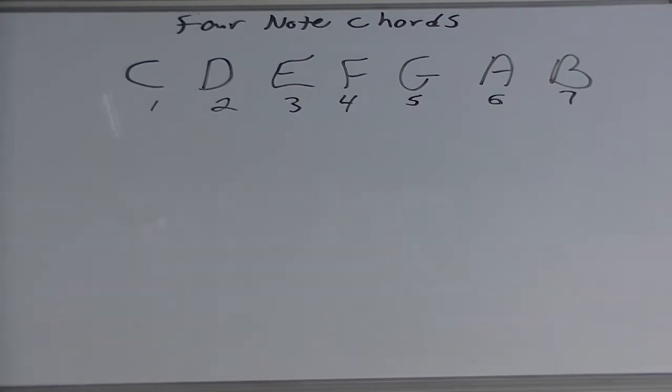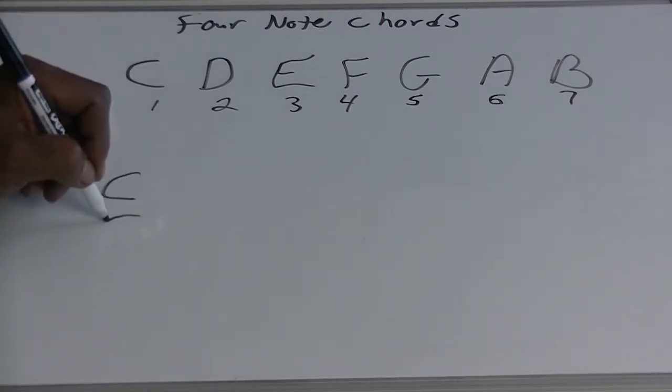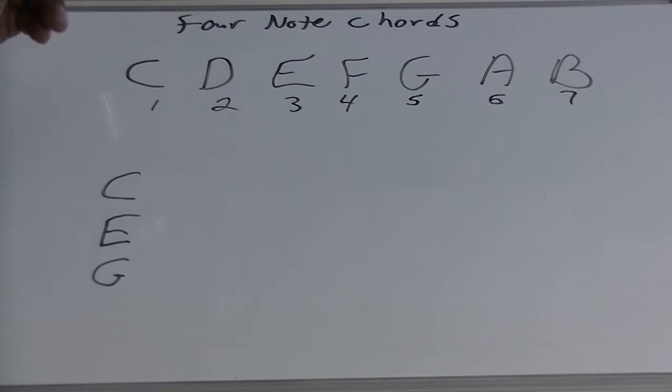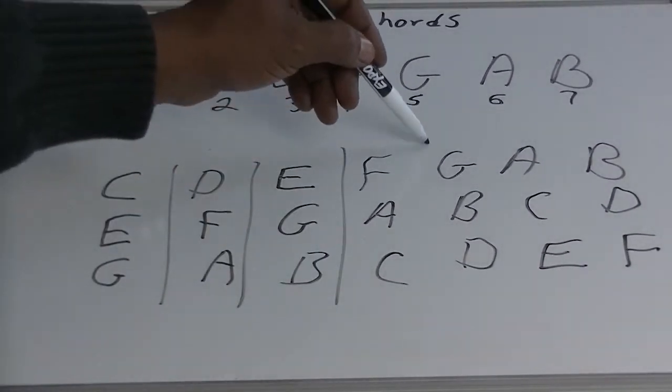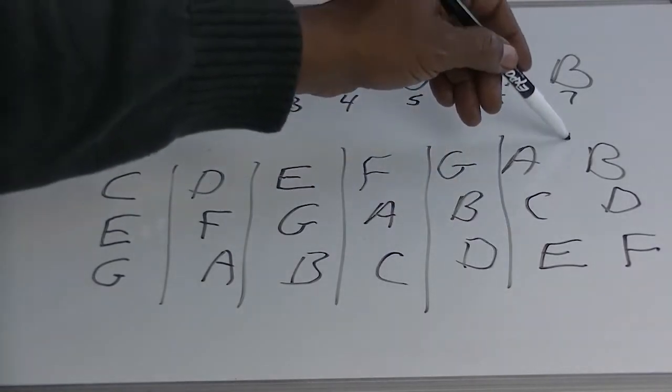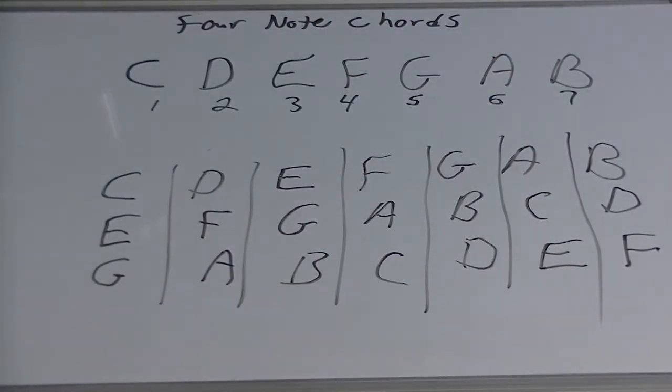And as we learned in lesson number 3, a series of 3-note chords can be built upon each note of the scale. So for C, as you can see here, a series of chords can be generated using the notes of the scale.